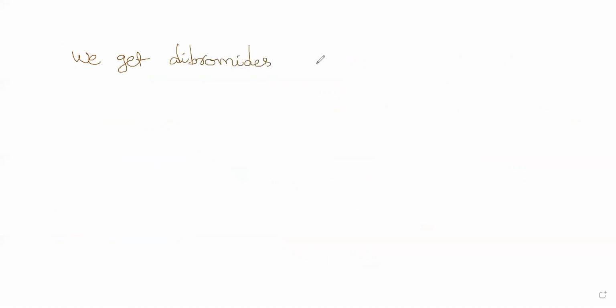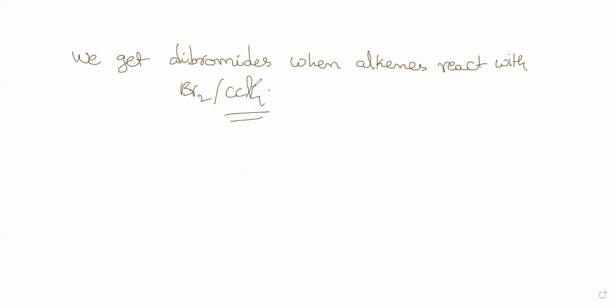When alkenes react with Br2/CCl4, what you get is dibromides. How the reaction takes place is very simple.